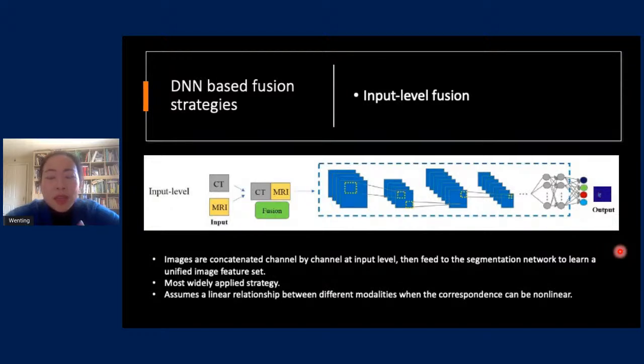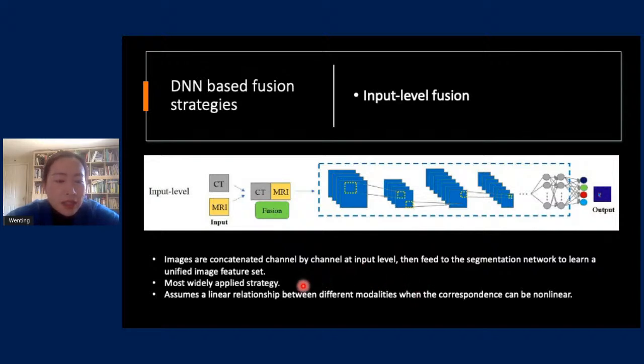The deep neural network-based fusion strategy for segmentation can be roughly divided into 3 groups. The first group is input level fusion. What do we mean by input level fusion? Imagine we have 2 modalities, one is CT, one is MRI. At the input level, the fusion happens like this: they are concatenated channel by channel, then fed into the neural network to learn a unified image feature set.